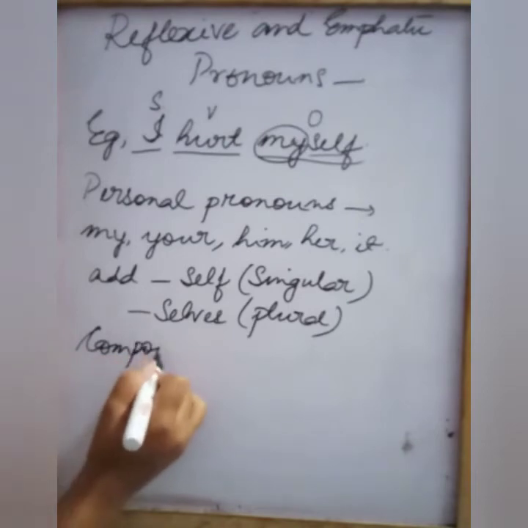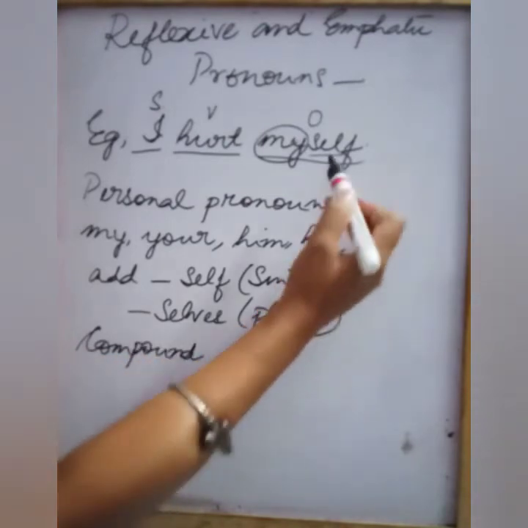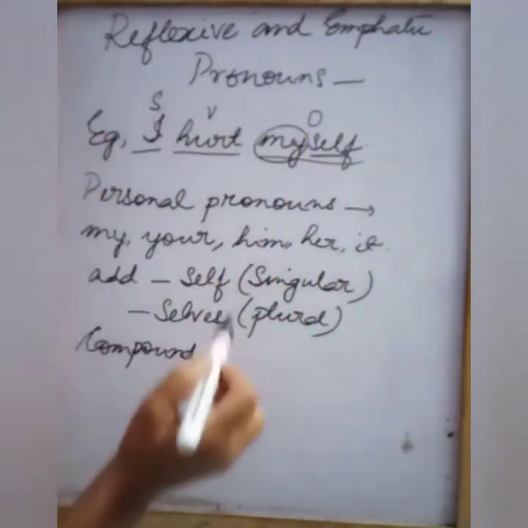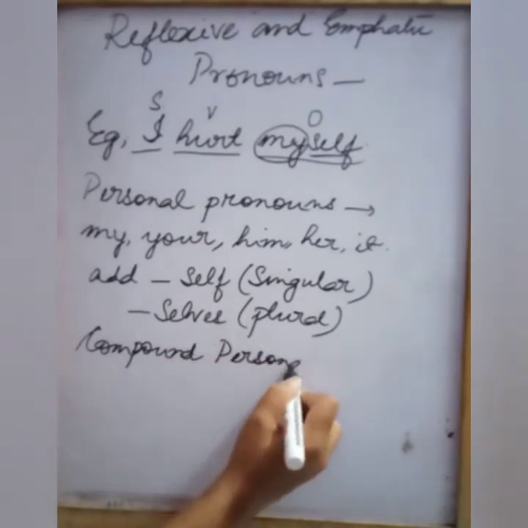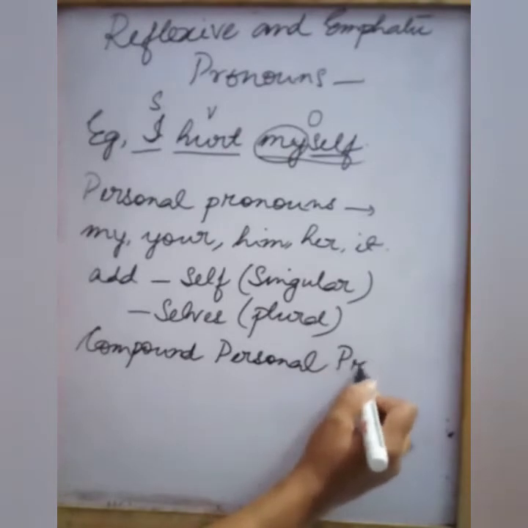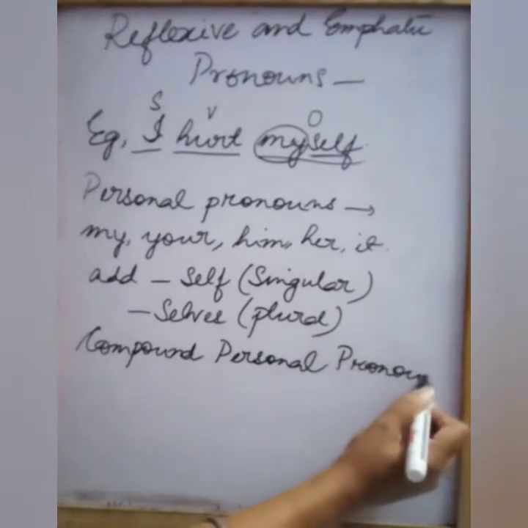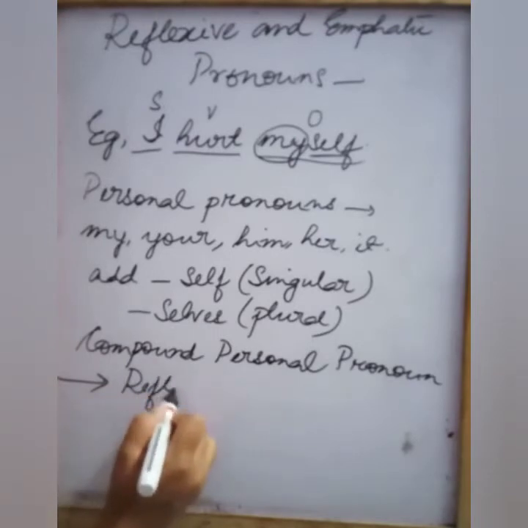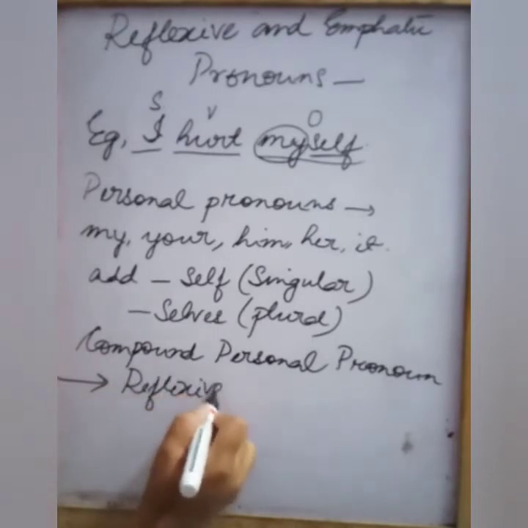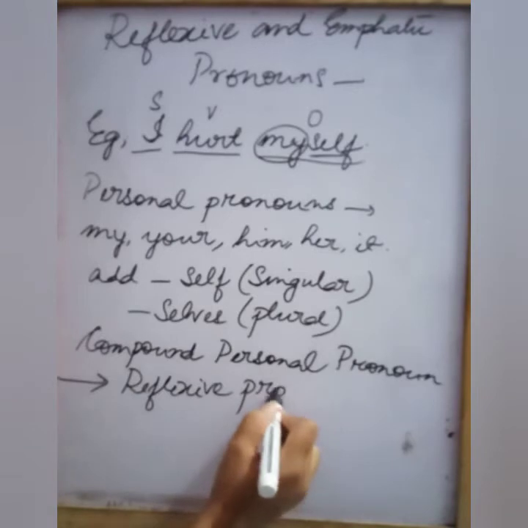Why is it compound? Because we are adding self with the personal pronoun. A compound personal pronoun is called a reflexive pronoun. Alright?